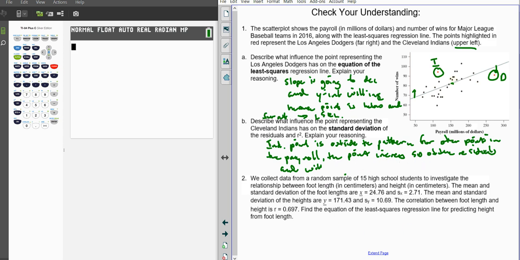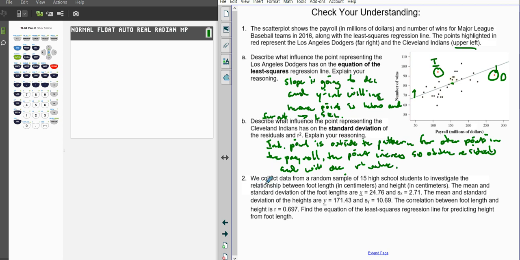The percent variation will become less, and that's what we know. So the R squared value will become smaller. That's what we also know.